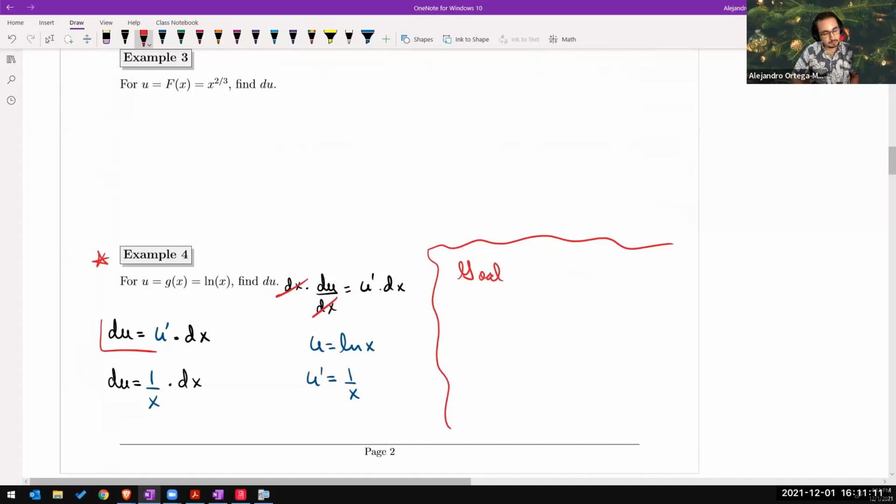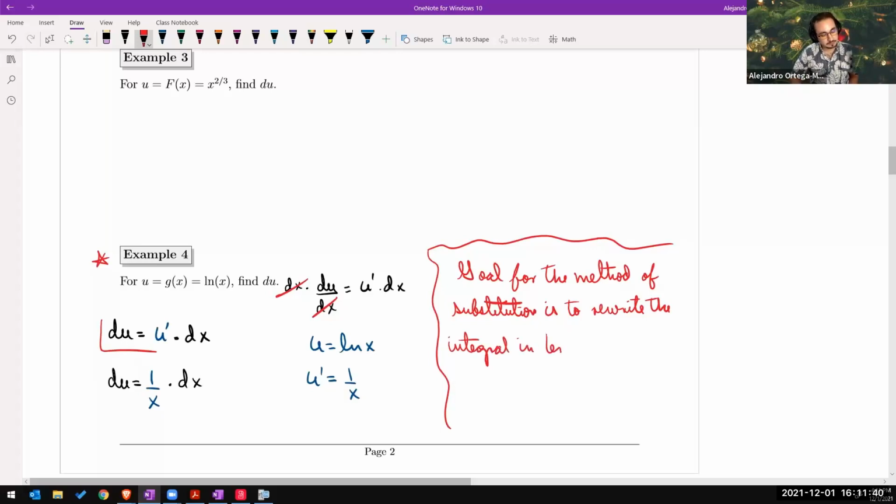The goal for the method of substitution is to rewrite the integral in terms of u and du.